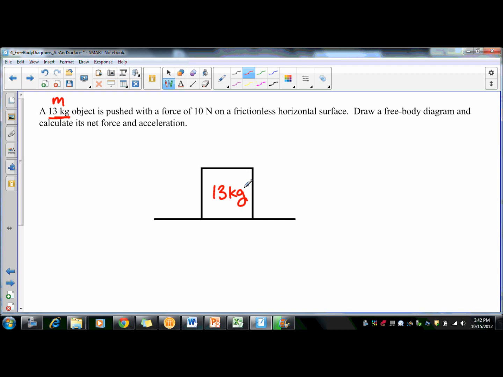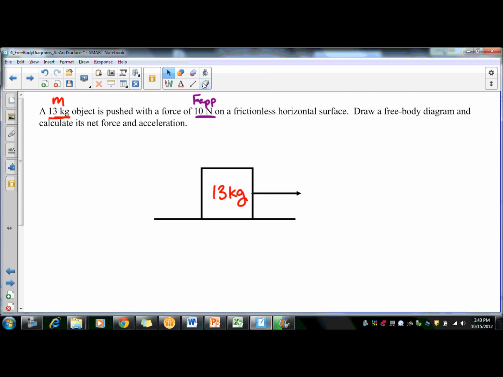The next thing we're given is the pushing force. And so if you remember back to the video that dealt with drawing free body diagrams, then you know exactly where this one goes. So this is your applied force. So we'll do forces in purple again. So this is your applied. Your applied force goes in this direction, except straight across, horizontal.